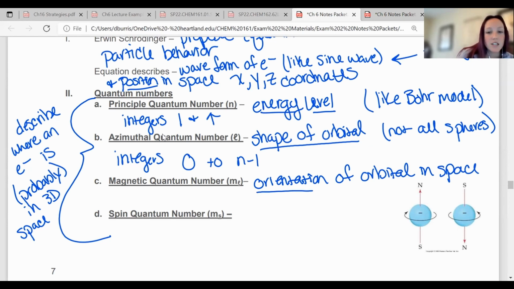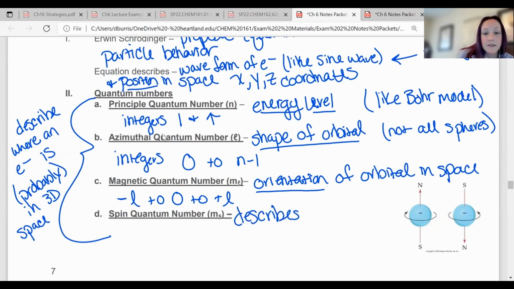This is the orientation. These are all integers also, but it can go from negative L, whatever your azimuthal quantum number is, up to 0 and then to positive L. So there are actually multiple magnetic quantum numbers for each electron that we're talking about. Again, I will get there for an example, I promise. And the last one describes the spin of an electron.